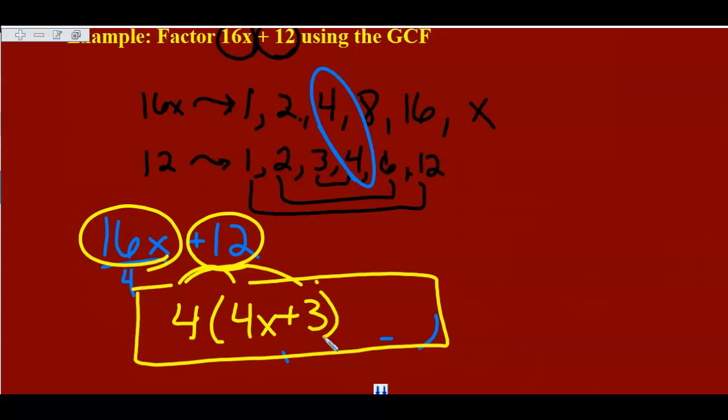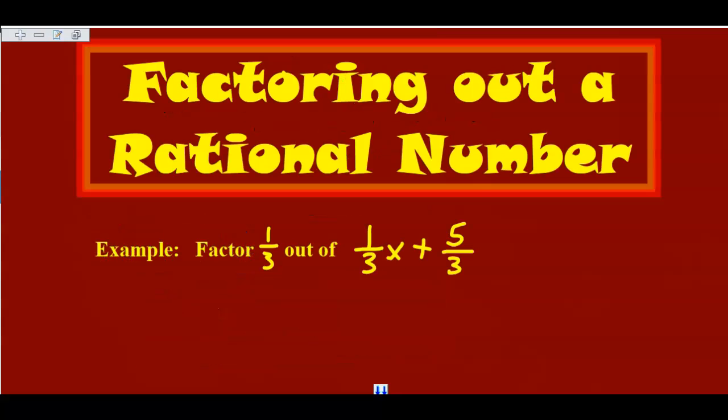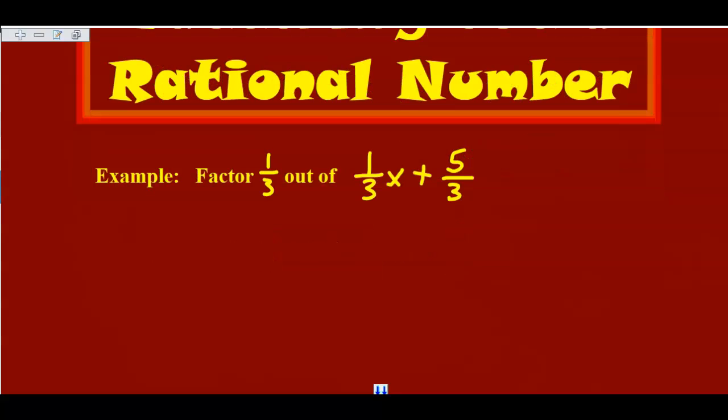Okay, let's do another one, but this time we're going to work with a rational number, a fraction. Okay. So factoring rational numbers now. We're given an expression, 1/3 x plus 5/3, and we need to factor out the 1/3. Again, when we factor, we're dividing each term by that factor.